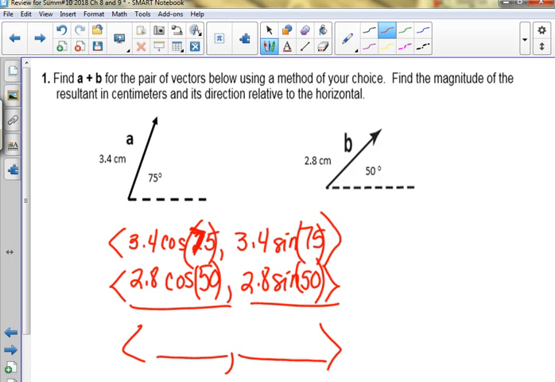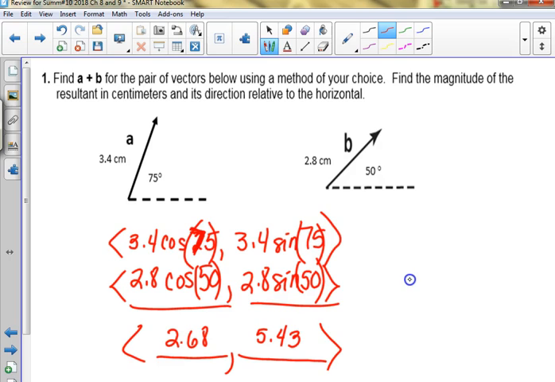So 3.4 cosine of 75 close parenthesis plus 2.8 cosine of 50. Anyone get 2.7 for that or 2.68? Or no? Yes? And 5.43 if I round to 2.